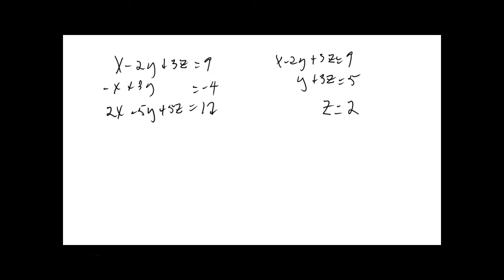Now, this system here on the right is called, here's a name for it. Never used this in algebra before. This is called row echelon form. Row echelon form.